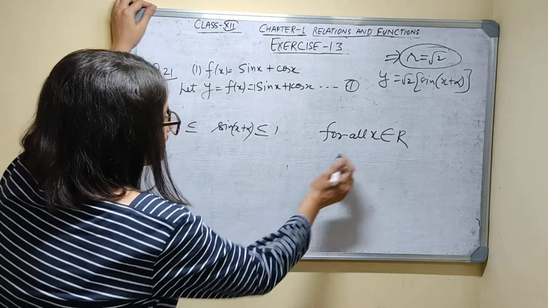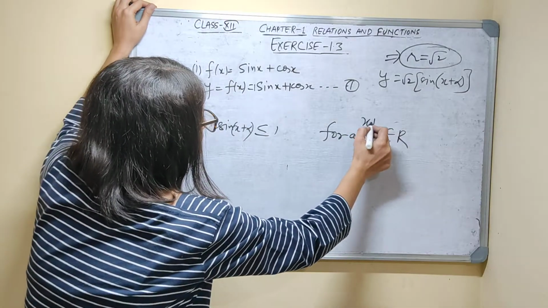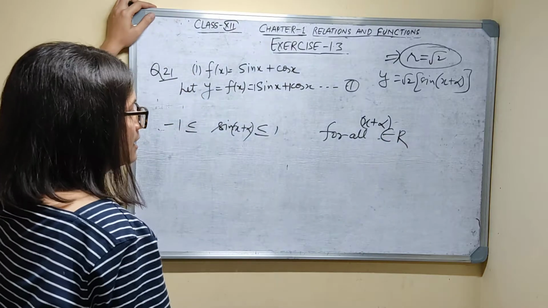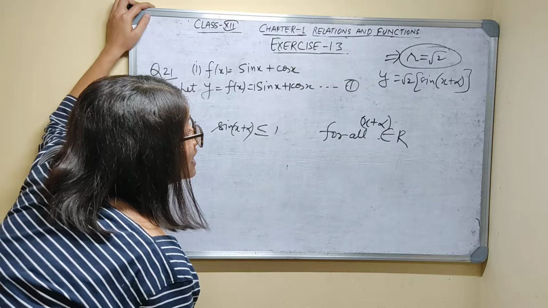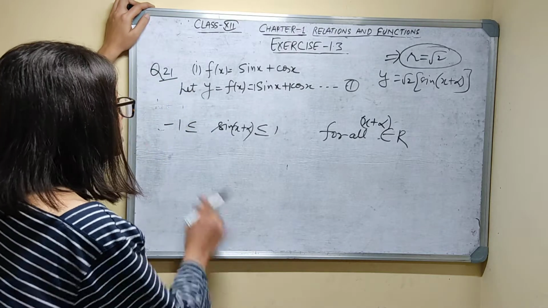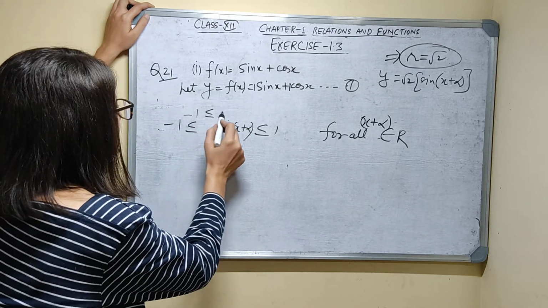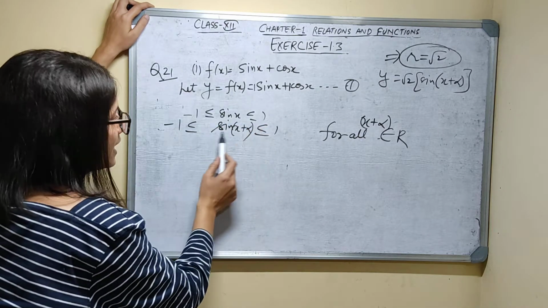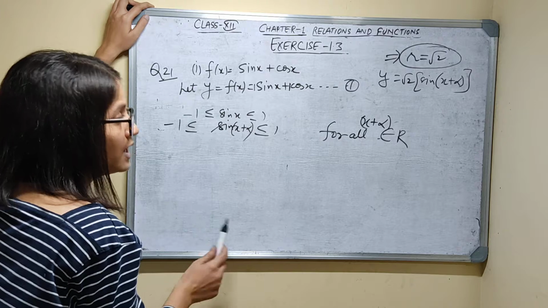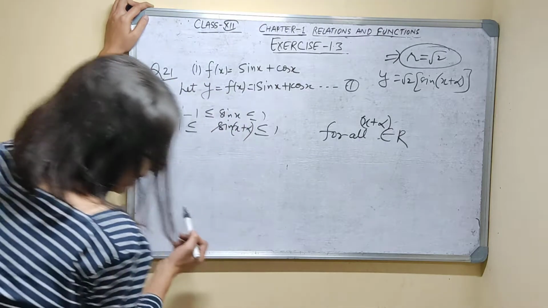So for all x plus alpha belonging to real numbers, sin of x plus alpha I can take, because here it is our sin of x plus alpha. I know minus 1 is less than or equal to sin x, which is less than or equal to 1. So sin of x plus alpha is between minus 1 to 1 for all x plus alpha belonging to R.